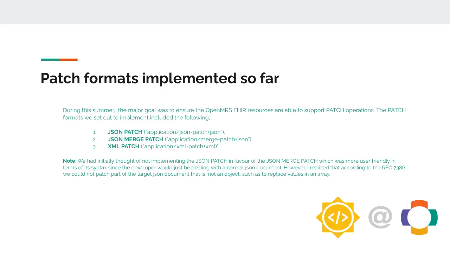We faced the challenge that it cannot patch a JSON document that is not an object. For example, arrays cannot be patched using the JSON merge patch. So we had to go back and implement the JSON patch as well.